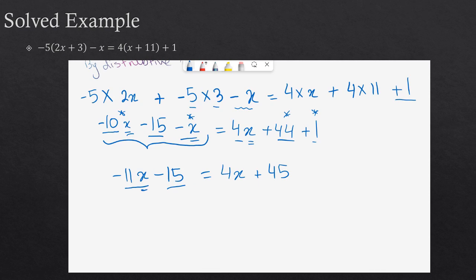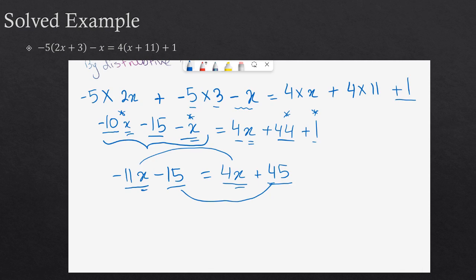Here we have 4x, a term that includes the variable x, and we have 45, which is a constant. So we can add those together and add those together because those are like terms. Those are terms that include the x, and those are just constants.